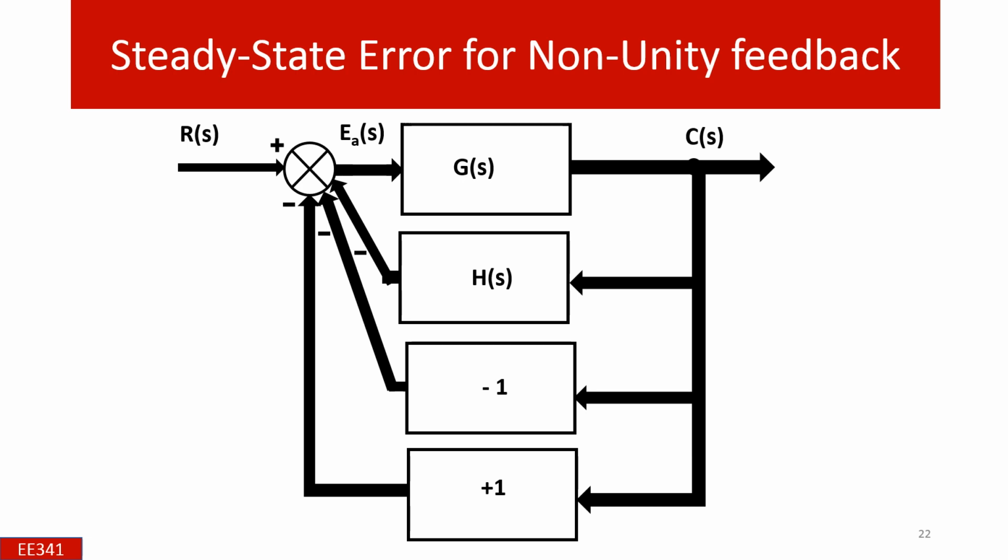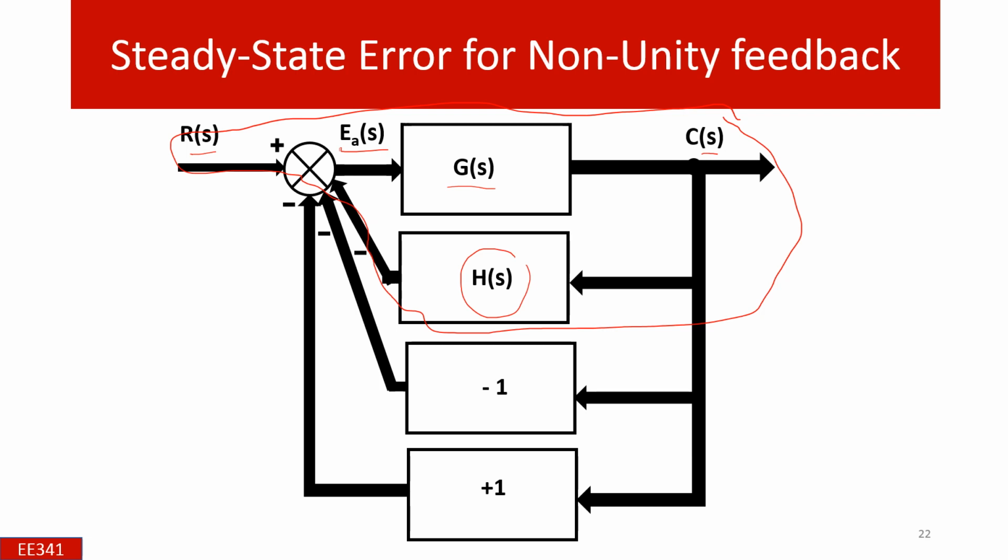If the system is given as a non-unity feedback system, for example, this is the non-unity feedback system. Here R(s) is representing the input and C(s) is representing the output, and E_A(s) is representing the actuating signal, and G(s) is the combined transfer function of the transducer, controller and the plant, and H(s) here is the scaled value of the transfer function in the feedback.